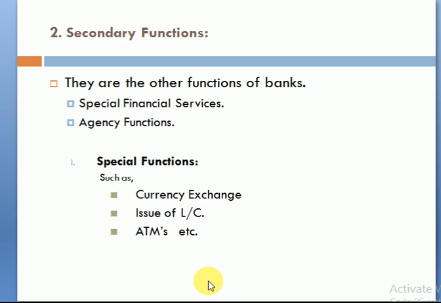Because if these functions are not performed by the bank, the bank will not remain. Just like, what are your basic needs? What is the basic need of humans? Water, food, shelter. These are the basic needs.